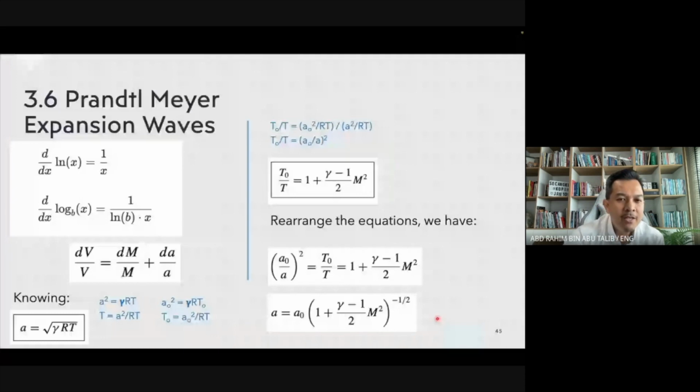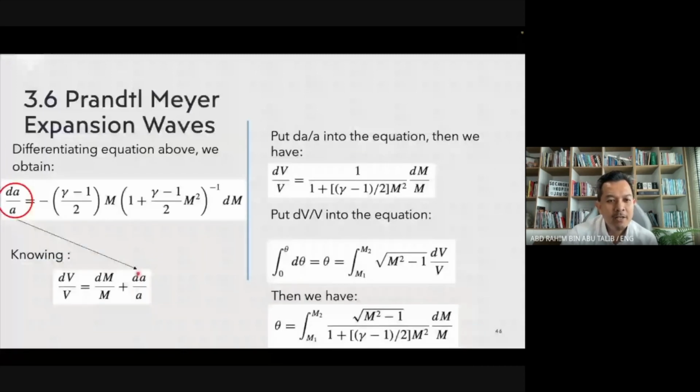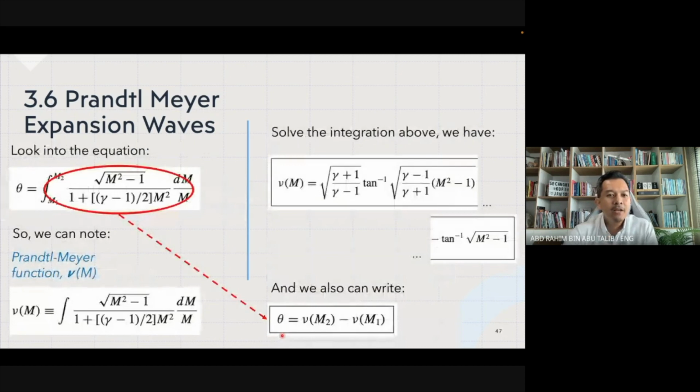So differentiating the equation above, we obtain this equation, and knowing dv over v equals dM over M plus da over a, we equate back da over a into the equation, then we have this expression. So you put this in here, resolve it, put dv over v into the equation and integrate it, then we have the theta value, right?